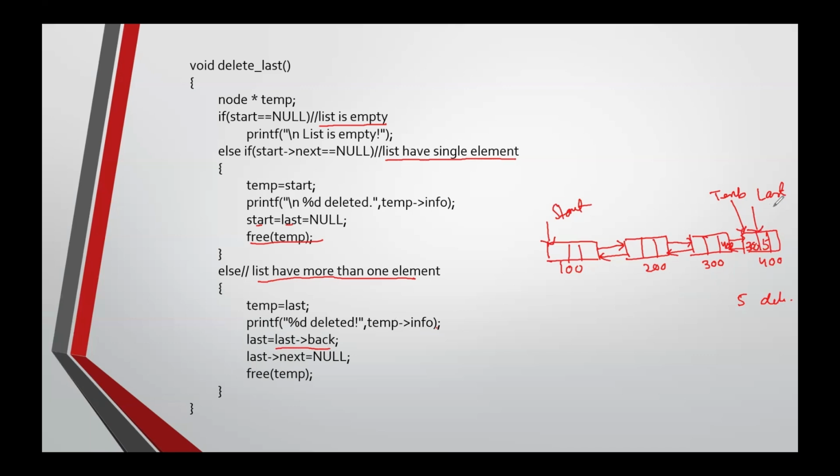So now previously what is the last address? 400. Now which value is stored? Last means 400, back 300. Now it stores which value? 300. If you store the 300 value, it points to which node? Now it points to this node. So this connection is gone.